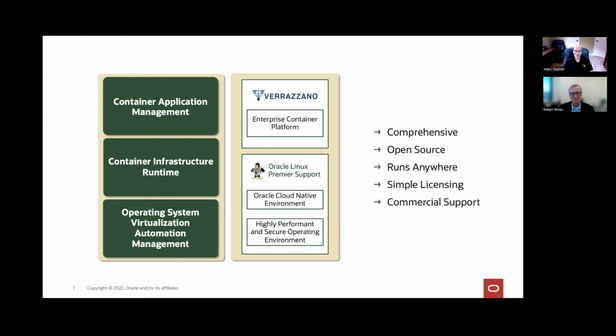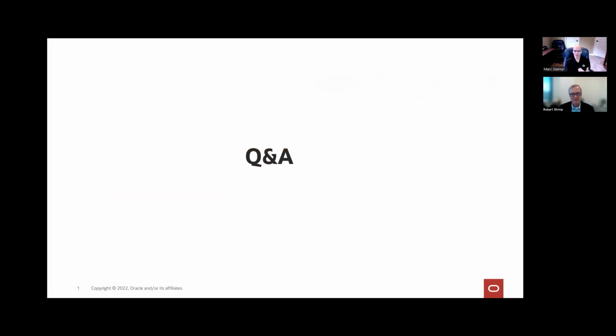Yeah. Okay. So let's look at some questions that have been coming in and see how we can get through that. One of them is, how mature is this solution set? Well, if you look at the core components, let's take Kubernetes or Istio or any of these other cloud native technologies, they're actually mature.